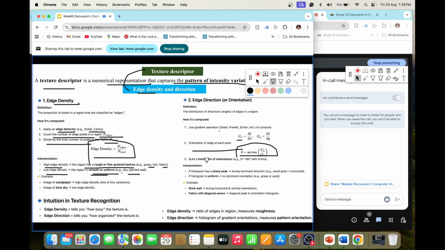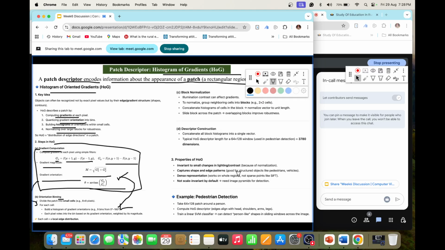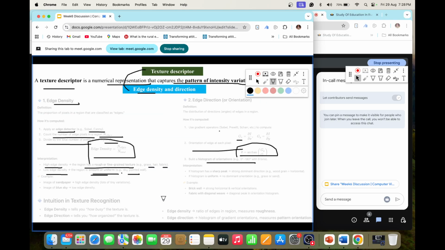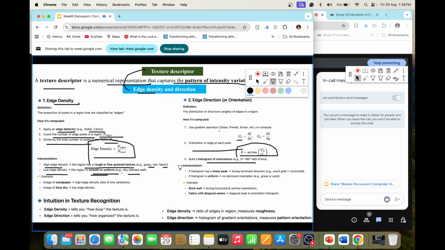So build a histogram of orientation. After this, you can build a histogram as you have seen in the HOG operator, a histogram of oriented gradient computation, and then do the interpretation.